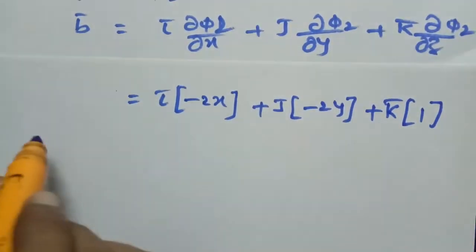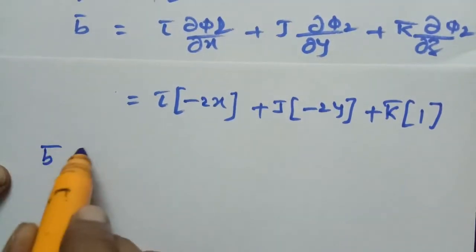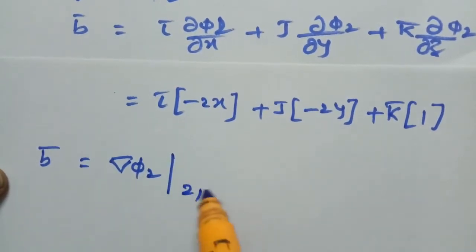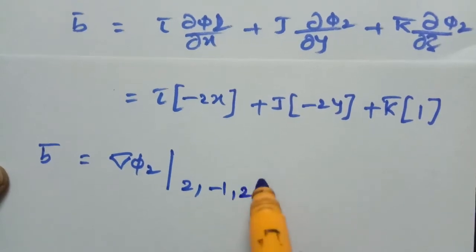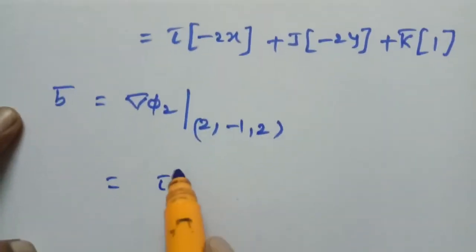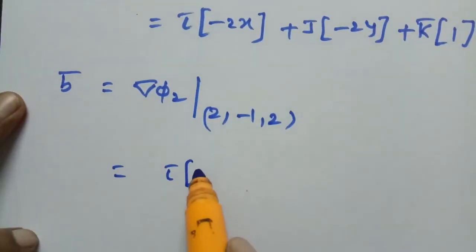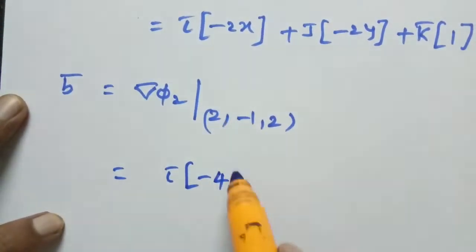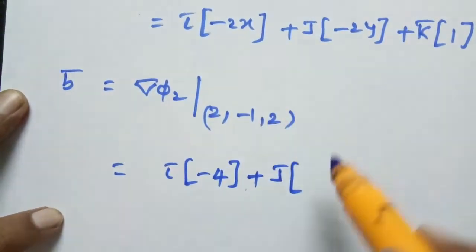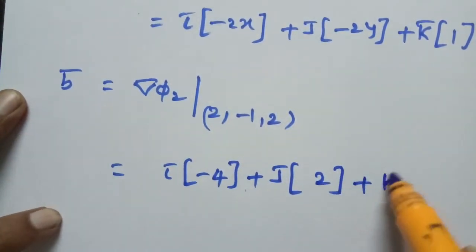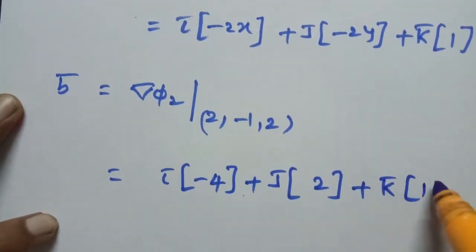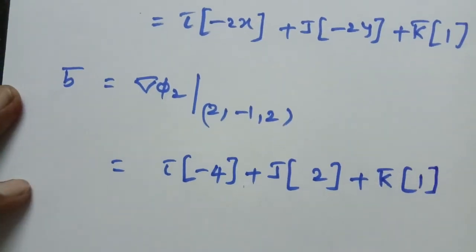Therefore now b bar is equal to del phi 2 at the point 2 comma minus 1 comma 2. Therefore this is equal to I bar, put x equal to 2, minus 2 into 2, minus 4, plus j bar into minus 2y into minus 1, that is plus 2, plus k bar into 1, that is a constant, so there is no place for x, y and z to substitute.